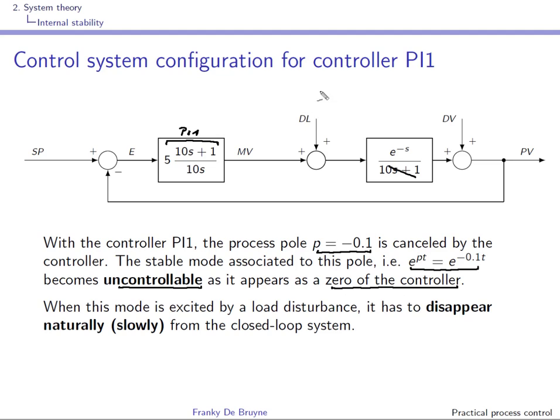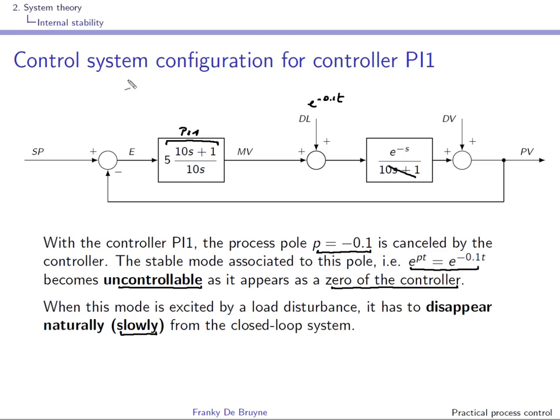So if the mode is excited by the load disturbance here, since we have here a 0 in minus 0.1, we will not be able to influence this mode appearing from the load disturbance using the controller. And this stable mode will have to disappear naturally, slowly from the closed loop system, right?